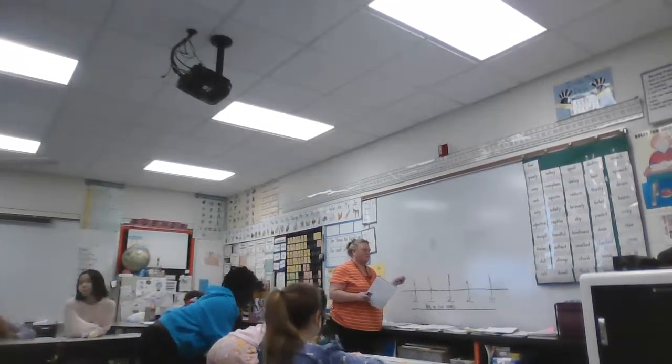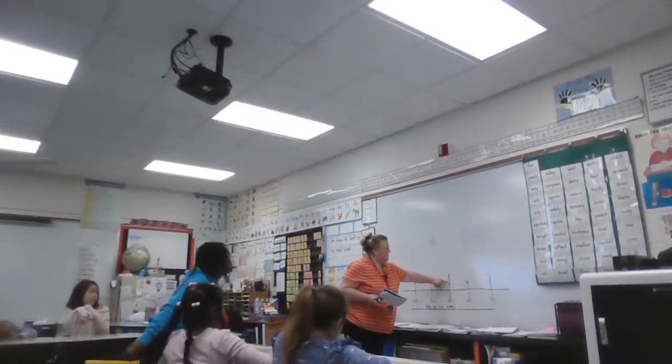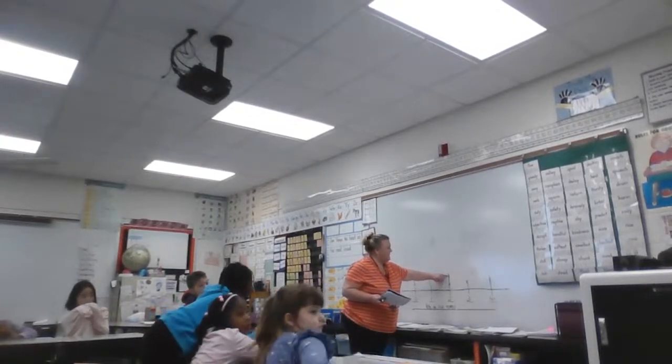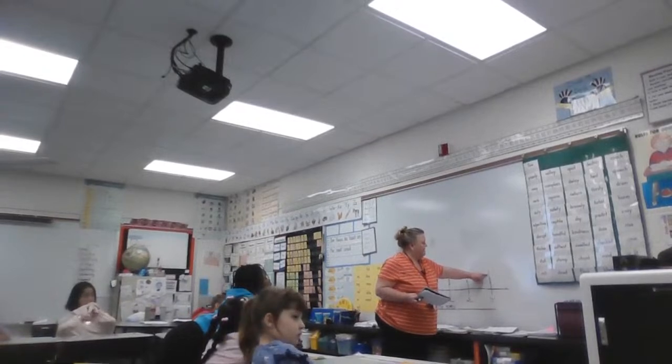Which one has the most pets? I mean, the most X's? Jacob? The 4 plus and let's see, 2. They have 6. We're having a hard time seeing that and reading that data, aren't we? Are you having a hard time comparing it?